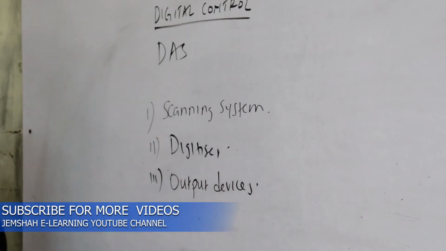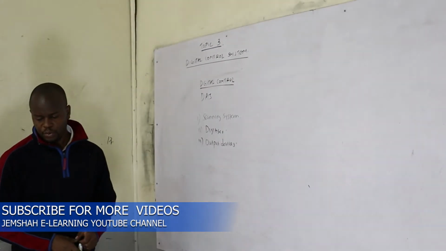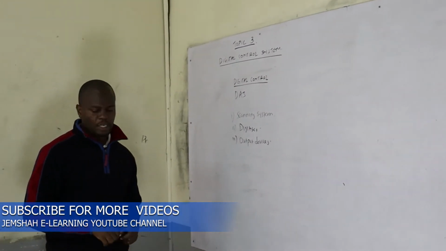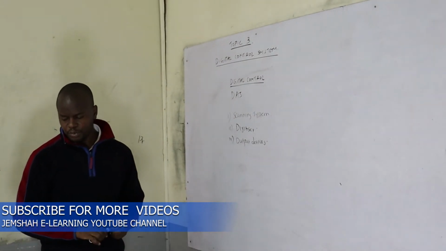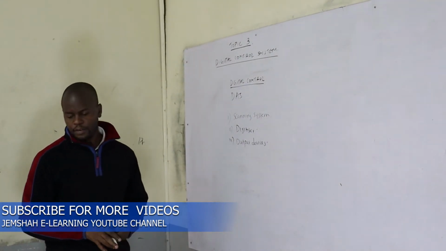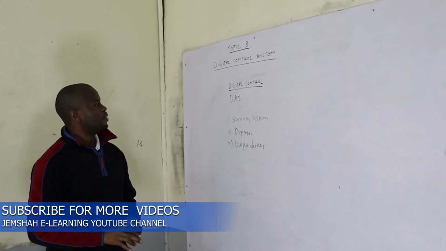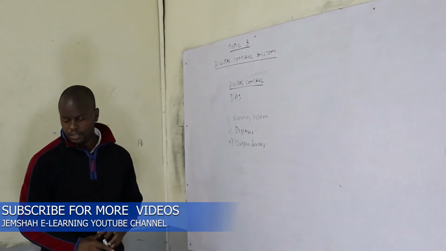Those are the three components of a data logger. A data logger is a system that scans a number of input signals, usually analog voltages or currents.